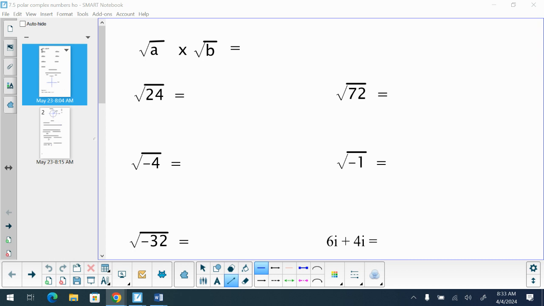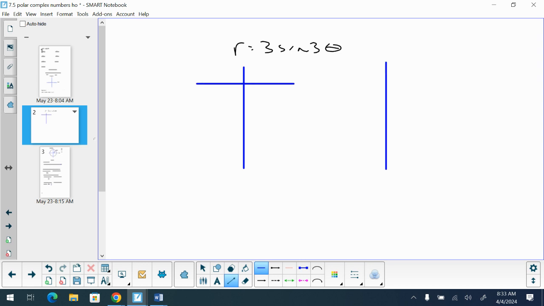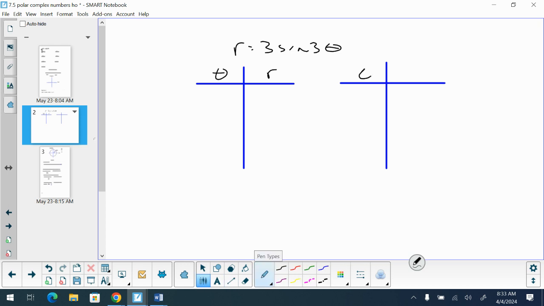Problem number 2. We want to graph r equals 3 sine of 3 theta. Once again, a lot of this will be a calculator exercise for you, and there's no easy way of going through except for doing your theta-r chart.